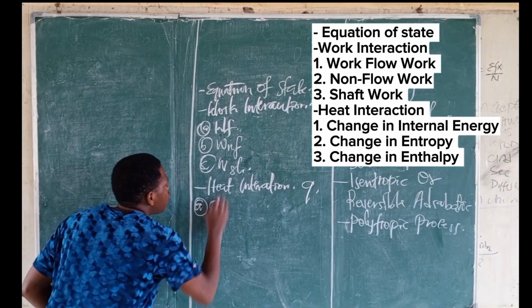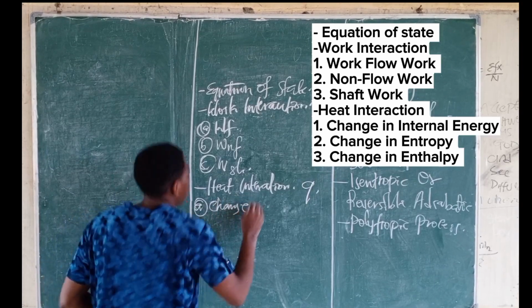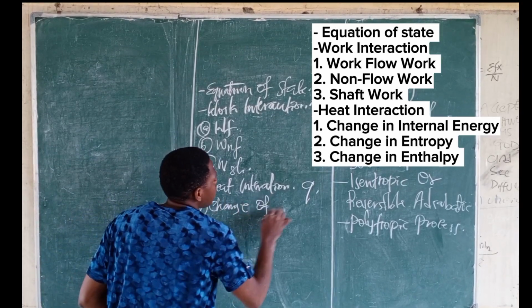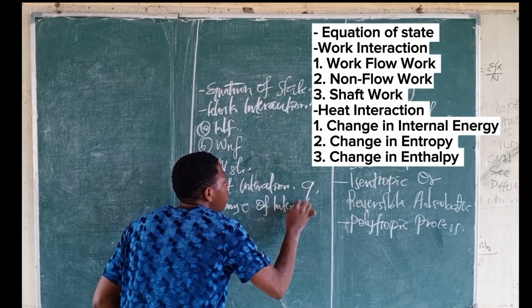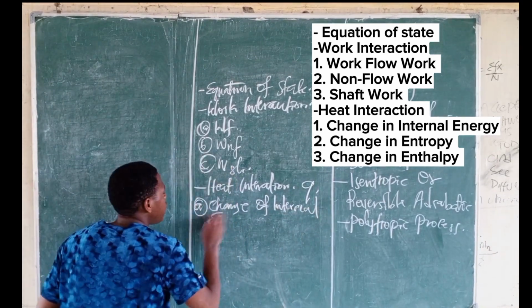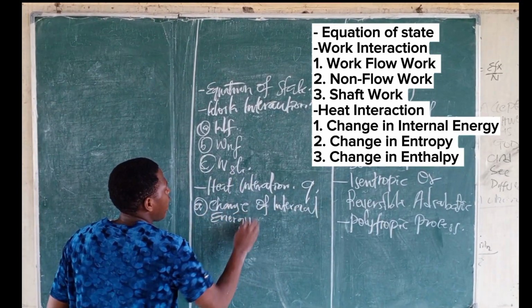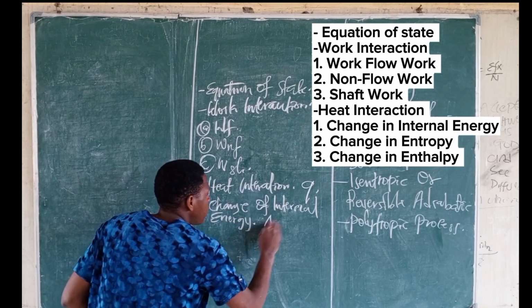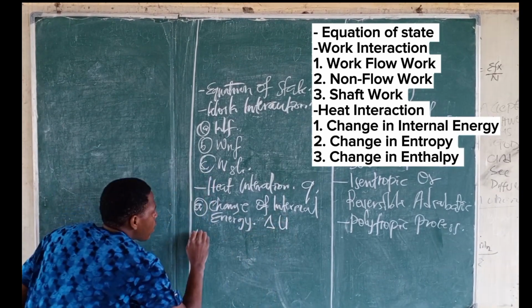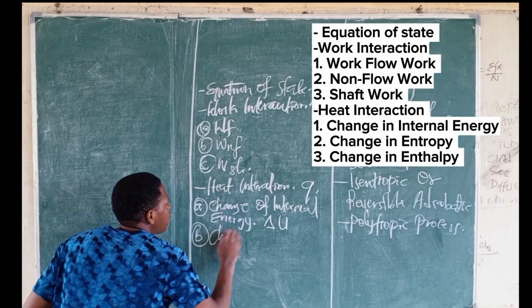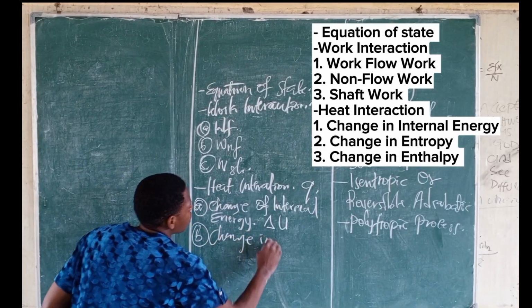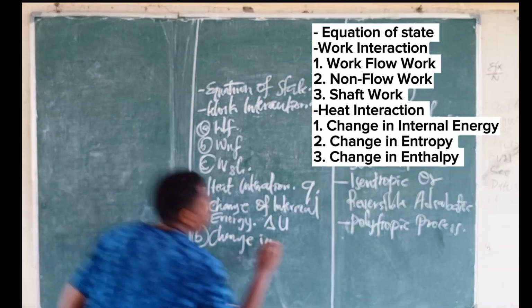The first one is the change of internal energy, represented by change in U. The second one is the change in entropy.